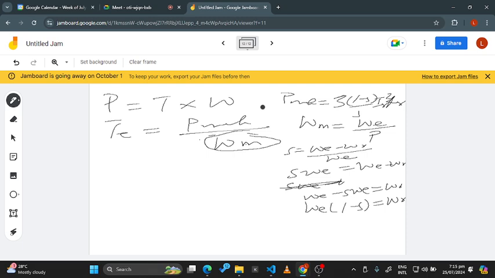Where this is the rotor speed, and this is the synchronous speed. So then what will be omega e?